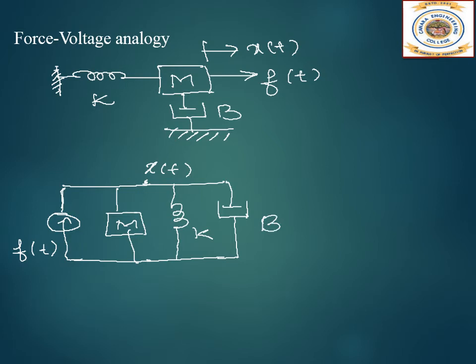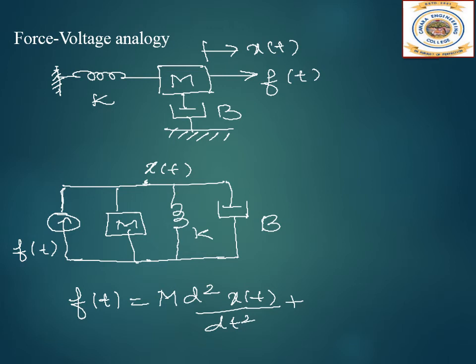Now let us write the equation for the force. So f of t will be equal to, we know the equation for the force due to acceleration in the mass, that is m into d square x by dt square of x of t, plus due to the damper it is given by b into dx of t by dt.